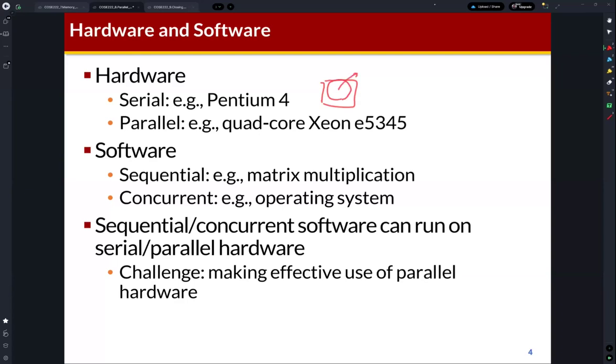And then that's what we have learned in this course, right? And then what is the example of parallel processors? So the example is the quad-core Xeon processors.